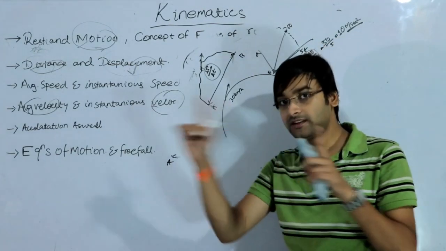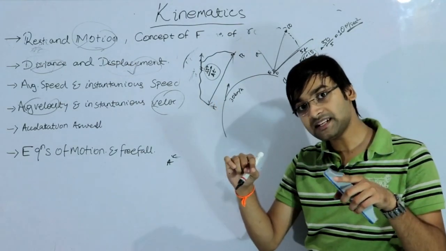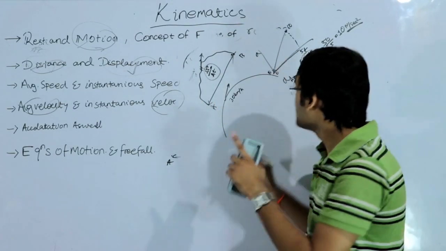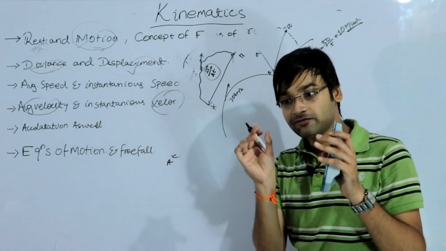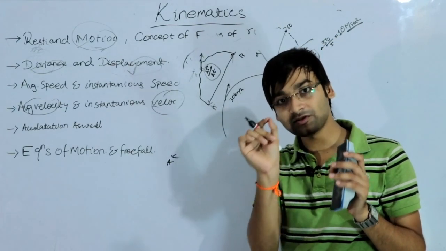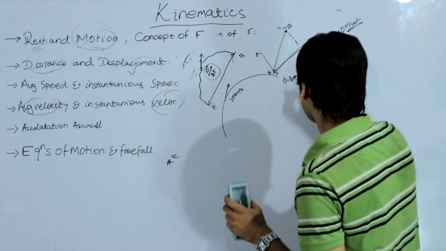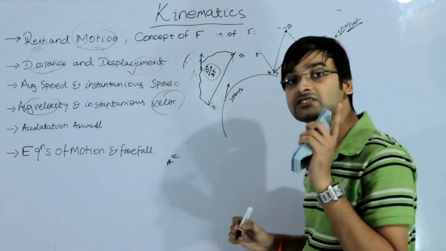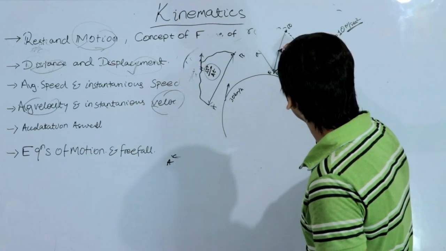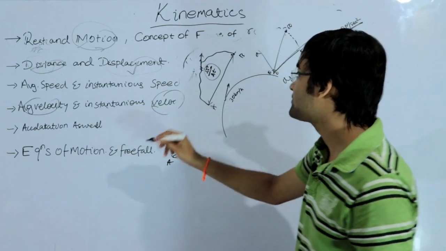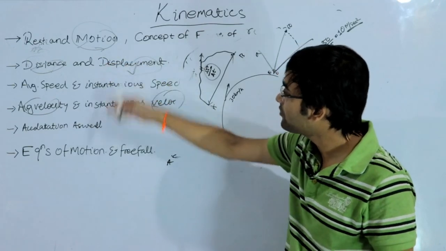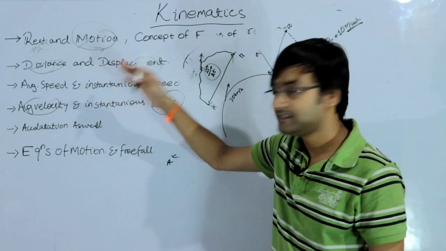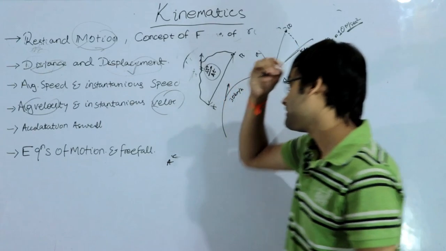Average means total change over the total time taken, and instantaneous means when this time interval tends to 0, that will give you the shortest time, the absolute instantaneous acceleration or the exact acceleration at any point. That term is called the instantaneous term. So these three or four terms are related with this concept.